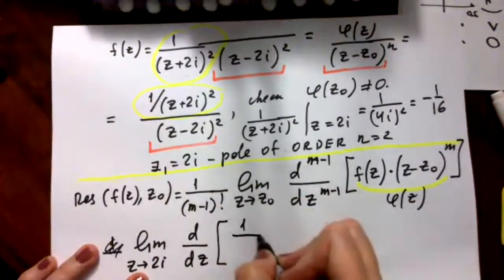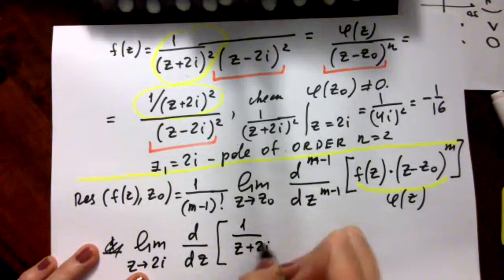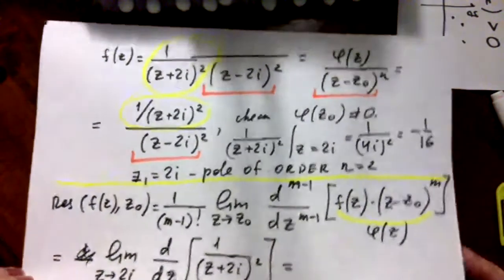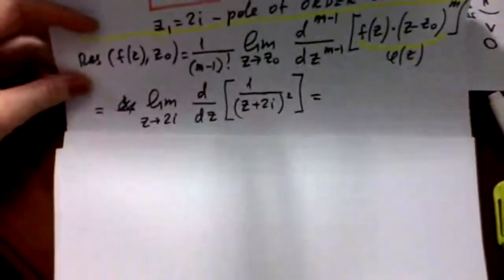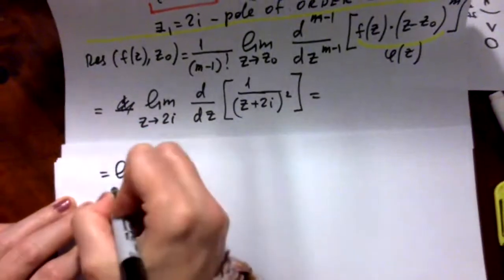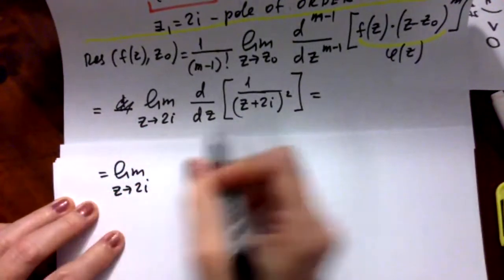So let's rewrite it here: 1 divided by z plus 2i squared. So now all we need to do is differentiate this function, and after that we can calculate the limit. We just have to rewrite the limit all the time, of course.